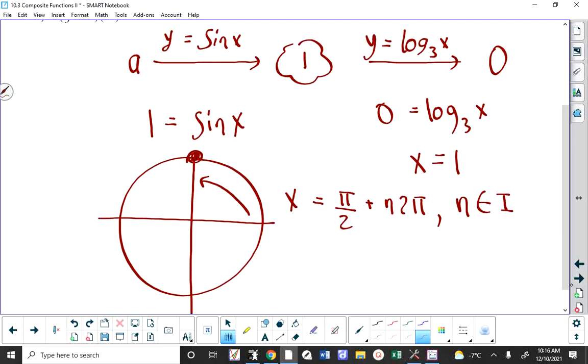We've done this before, but it was a while ago, and trig is trig, right? It's tricky. That x, when I say x equals pi over 2, that's not the x coordinate on the unit circle. That's the rotation angle. Any questions with that one?